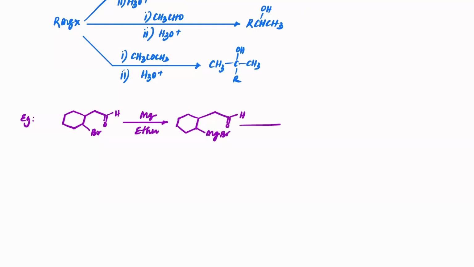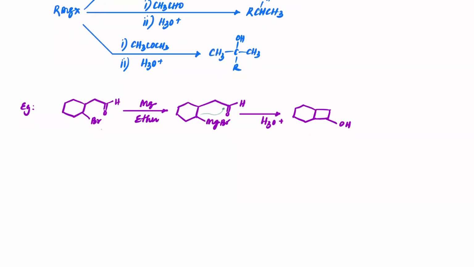That carbanion will connect, right? So MgBr is there. This negative carbon which is forming will connect onto this carbon to make an addition reaction there. And that's how you will get an alcohol. So you'll get a 4-membered ring, correct, with an alcohol formed on hydrolysis.